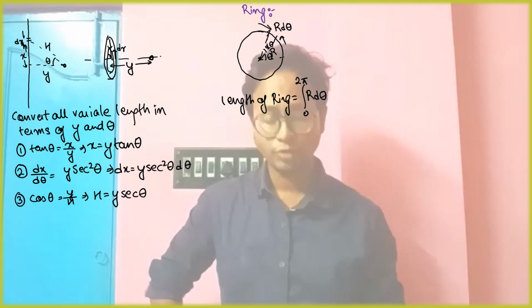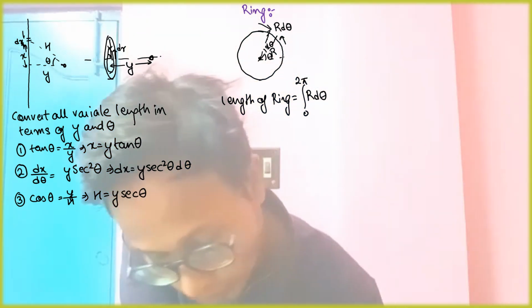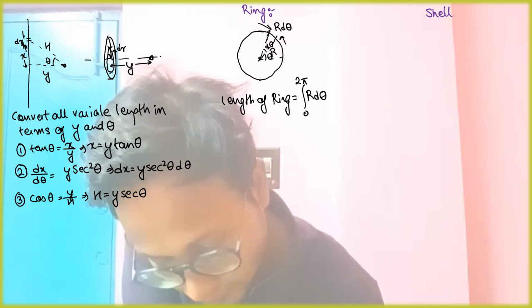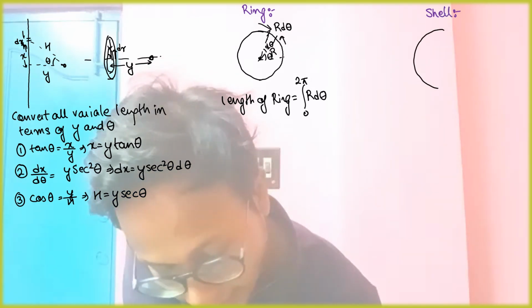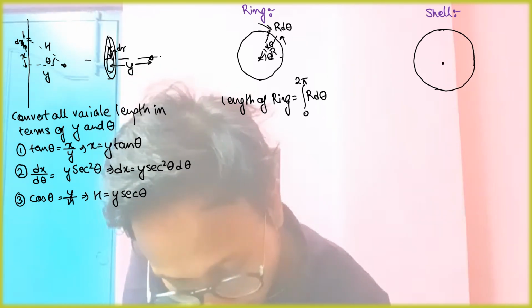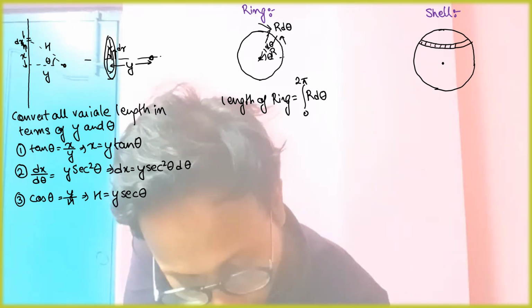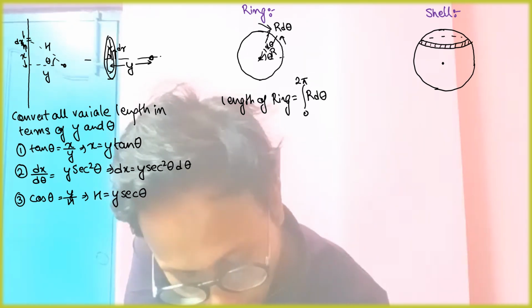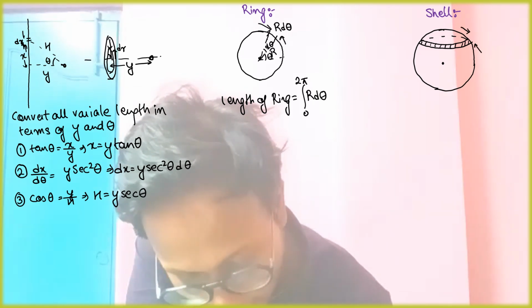Now suppose a shell is given, a hollow shell, that means there is nothing inside. How do I integrate a shell? The method of integrating a shell is nothing but take an elemental ring out here. The length of this ring is nothing but r d theta.